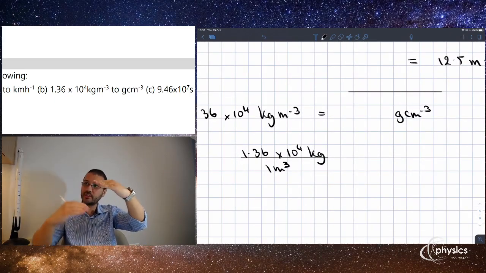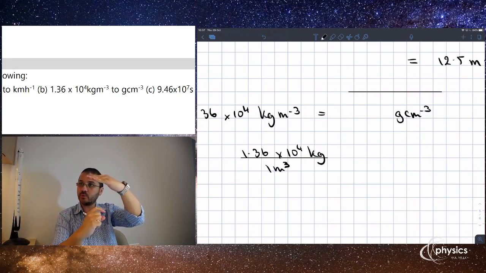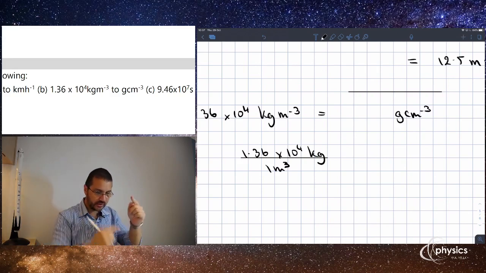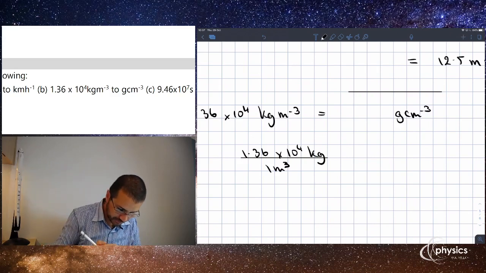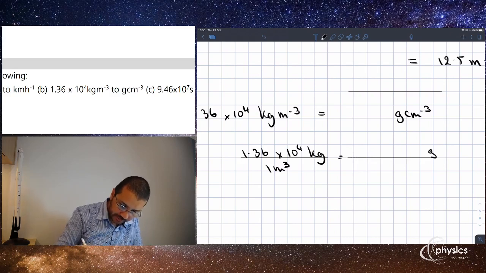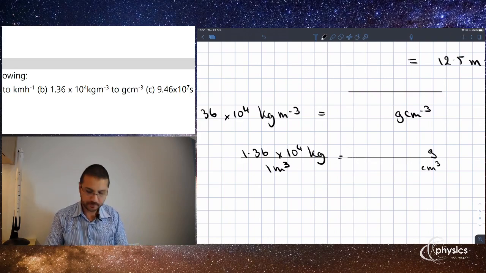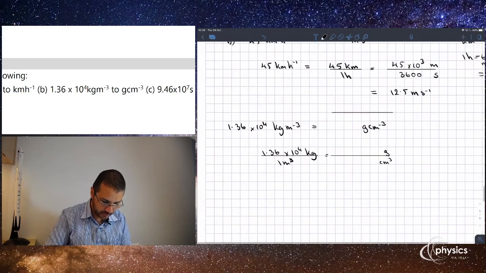Remember that when you're writing in fraction, if the meter to the minus 3 is placed down, therefore in the denominator, then you have to write it meter to the power of 3. Change the sign if you place it downwards. So I have to change the numerator into grams and the denominator into centimeters cubed. Okay? So let's start the conversion now.